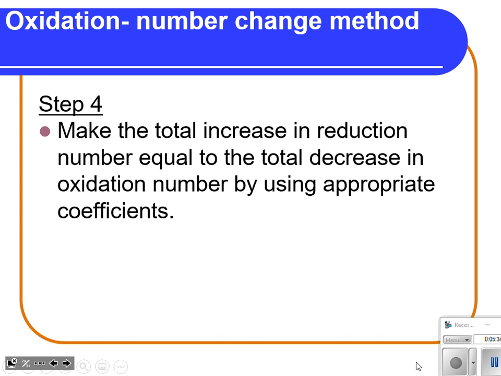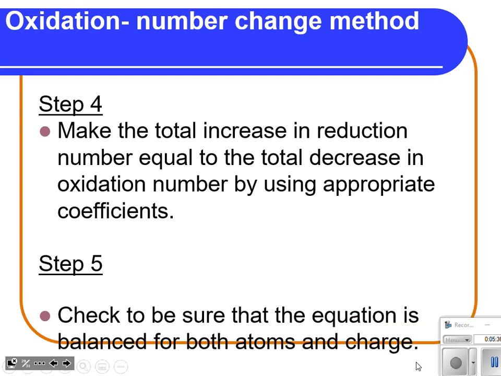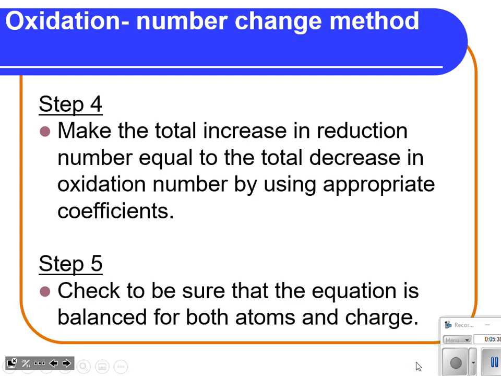And finally, the 5th step is we are going to use the coefficients that we got in step 4 to give us ideas of how to balance the redox reaction. We're going to use those to give us hints to balance our chemical equation.